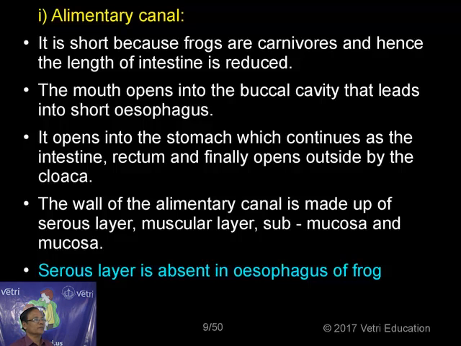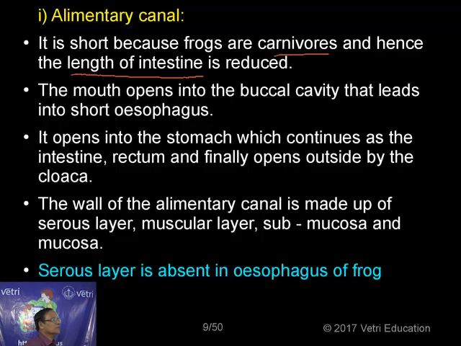It takes more time and is gradually digested. That's why in herbivorous animals the intestine is very long. In contrast, carnivorous animals feed mainly on flesh, so the intestine is very short. Because frogs are carnivores, the length of the intestine is very much reduced.